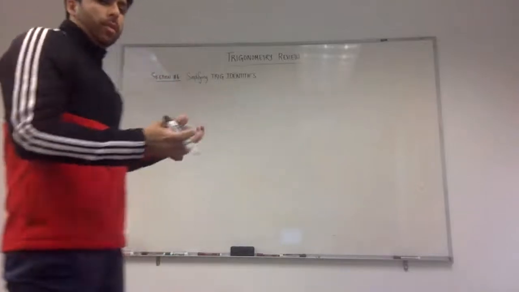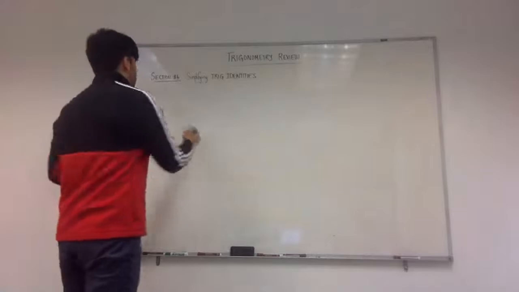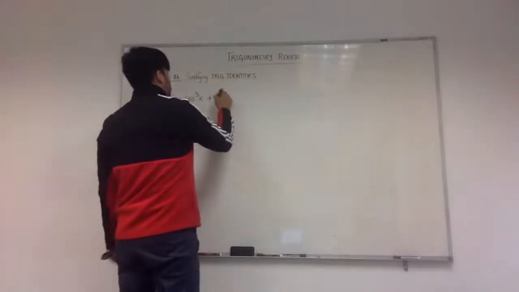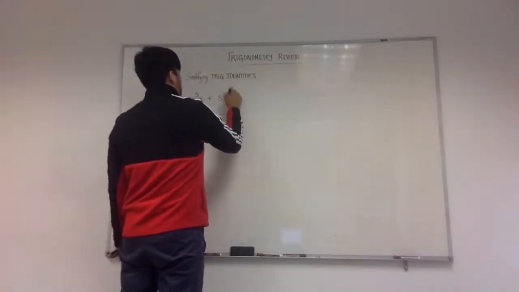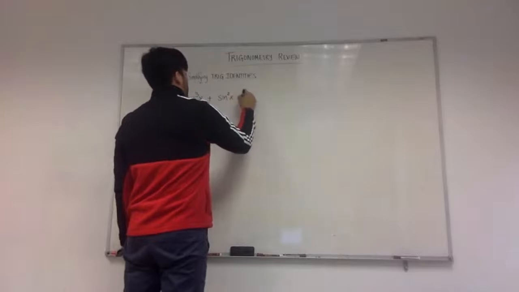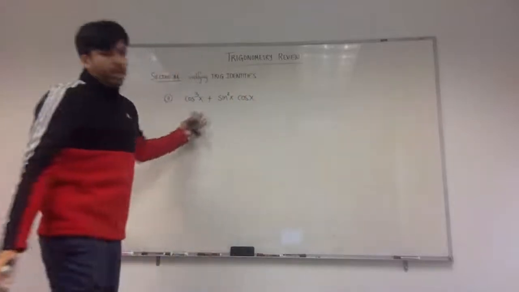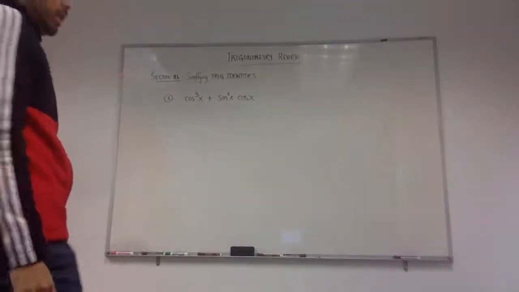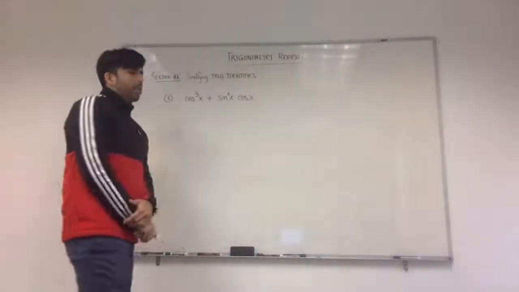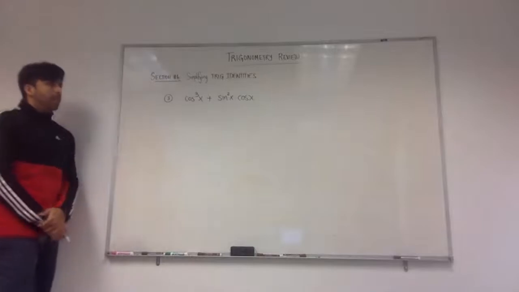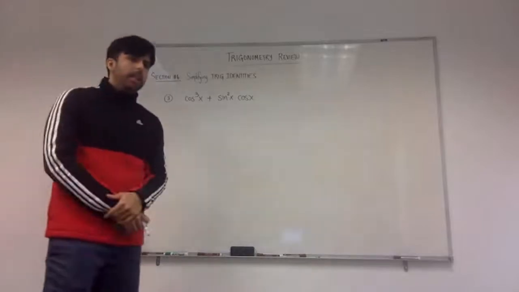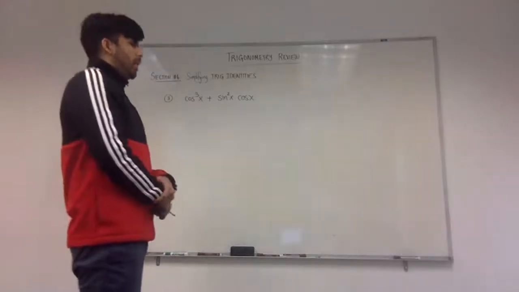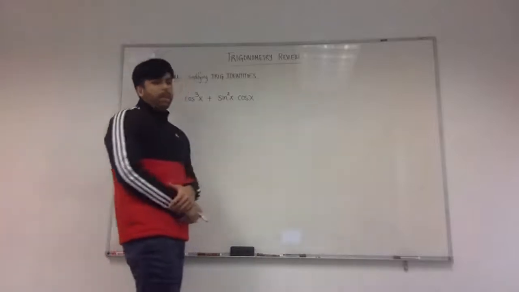So, for example, let's look at an example. Number 3, cosine cubed x plus sine squared x times cosine x. And so this is a trigonometric expression, because I have trig in this expression. And I want to see, can I simplify it? So normally in algebra, we always want to simplify expressions.